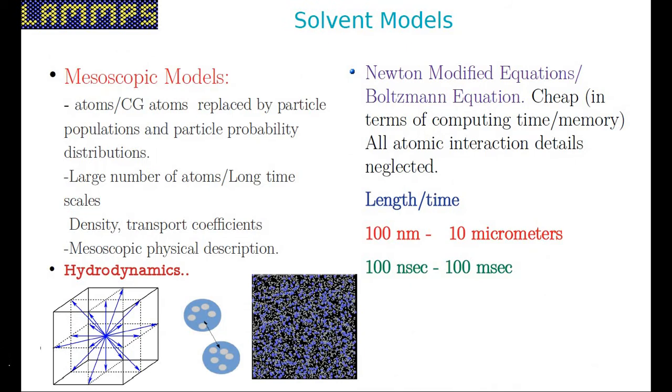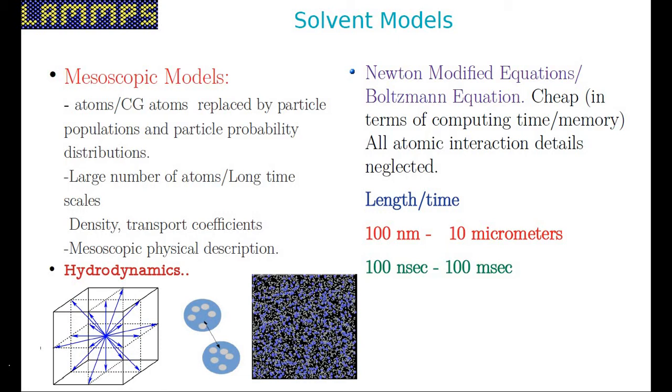Next, we have the mesoscopic level. The mesoscopic models are introduced by replacing atoms and coarse-grained atoms by particle populations, and particle probability distributions are used instead of real atoms.